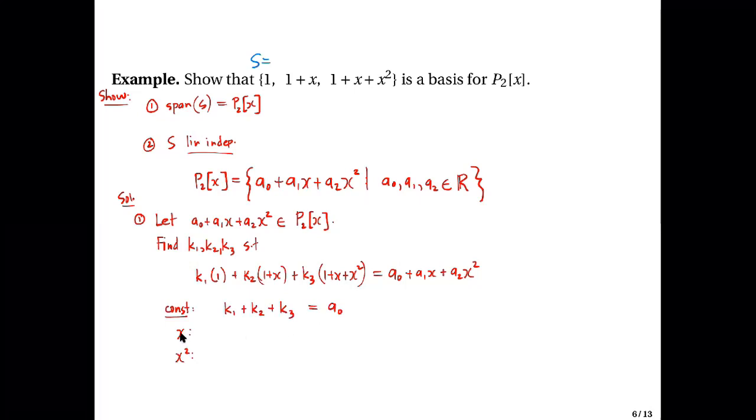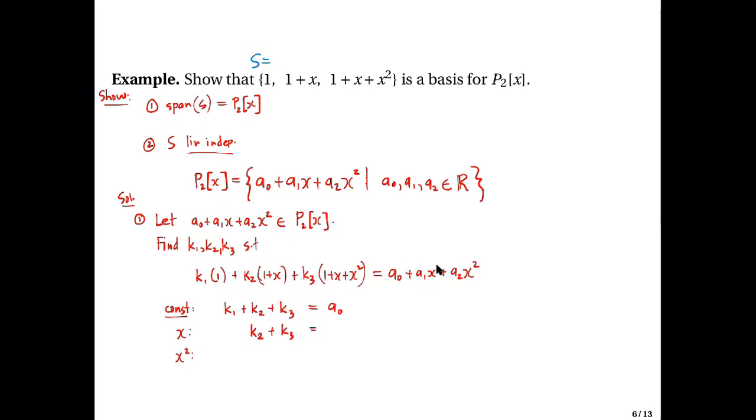The x part, meaning the coefficients of x: this one doesn't have an x. Here we have k2 times x, so the coefficient of x there is k2. While here, the coefficient of x is still 1 times k3, so this one is k3.